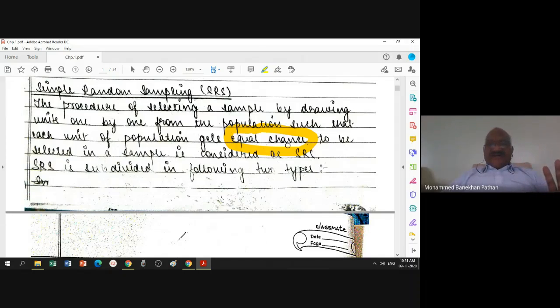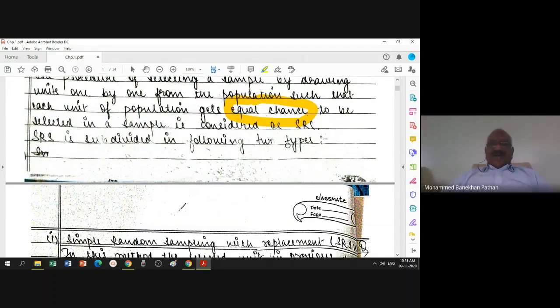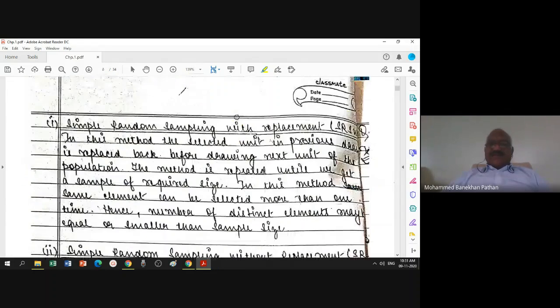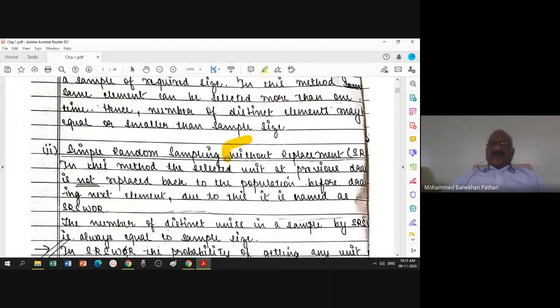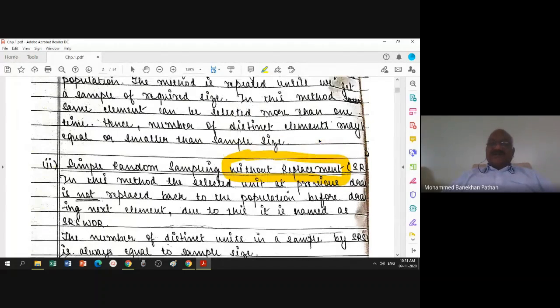We classify this method further in two types. One is named as with replacement, that means simple random sampling with replacement. The other is named as simple random sampling without replacement. What is the difference?